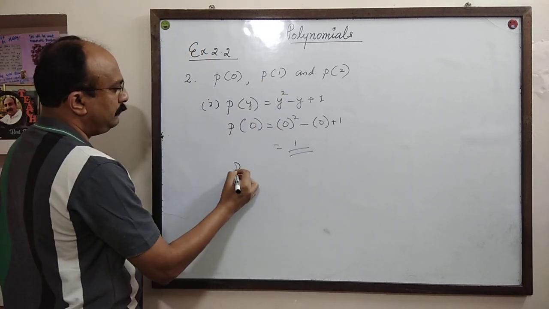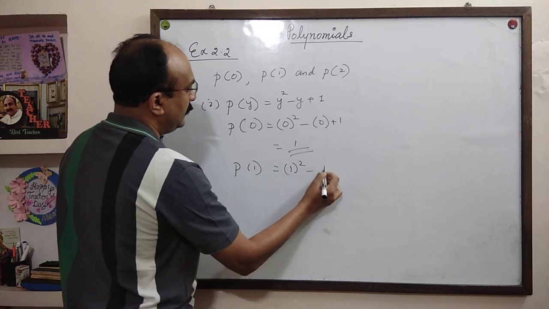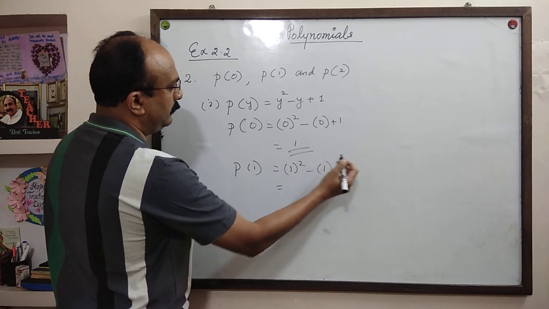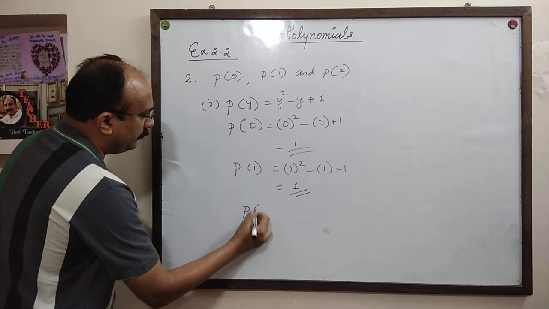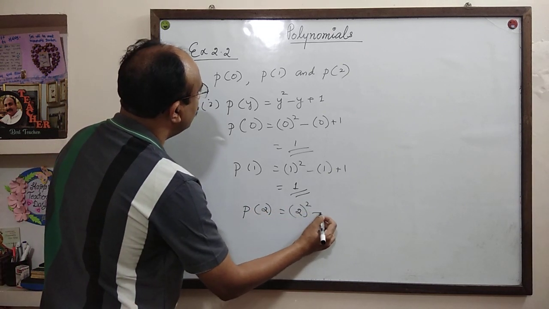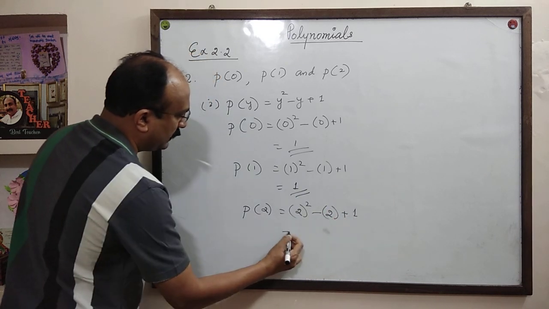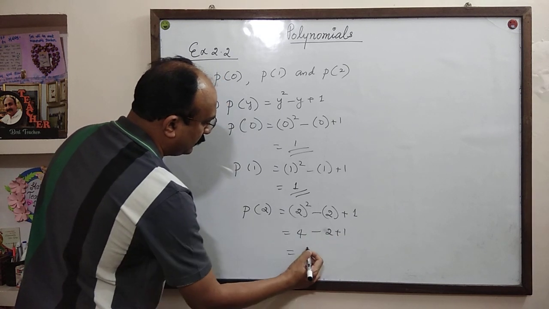Now find p of 1. 1 square minus 1 plus 1 is equal to 1 minus 1 plus 1, equal to 1. Answer. Now p of 2 is equal to 2 square minus 2 plus 1. 4 minus 2 plus 1 is equal to 3.